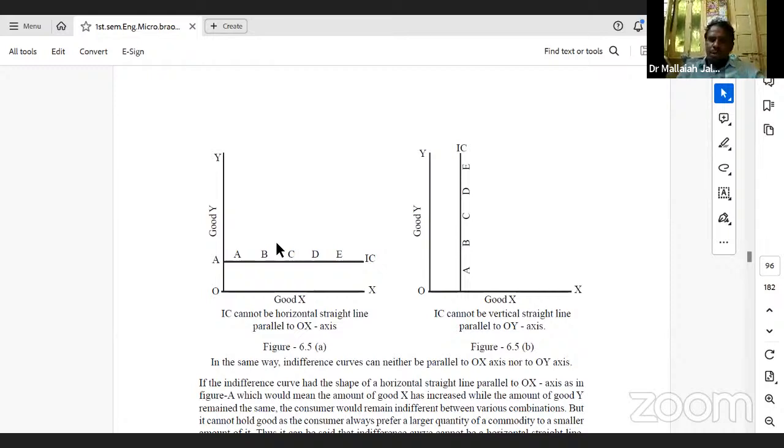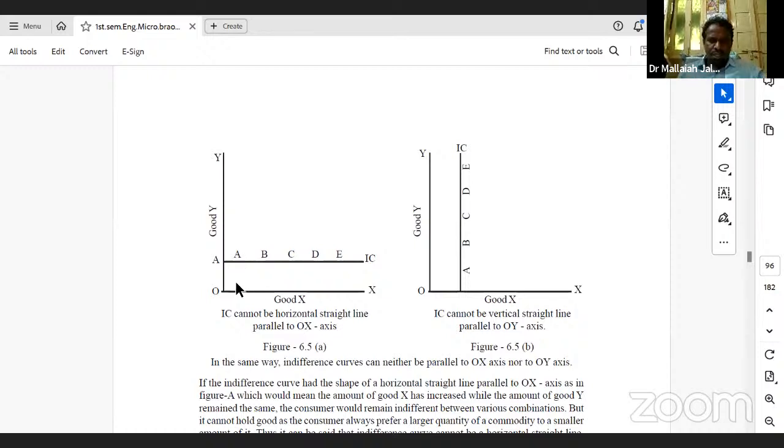Why? As we discussed earlier, if one commodity is increasing, the other commodity has to decrease. This is the condition. But here, suppose the consumer is purchasing OA amount of Y commodity. At the same time, the X commodity is increasing: combination A, B, C, D, E, going on infinitely. Any combination we can purchase from the X commodity.